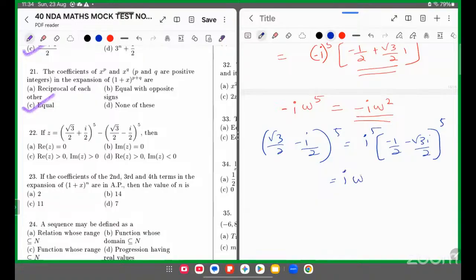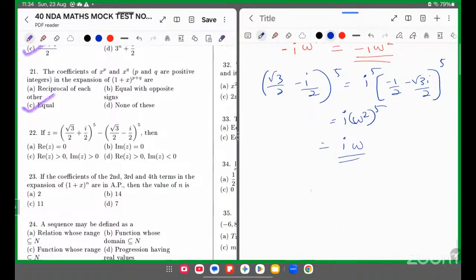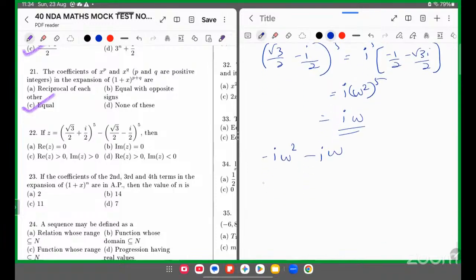This is omega square raised to 5. So iota into omega raised to 10. So omega. So iota omega. So my expression is minus iota omega square minus iota omega. So minus iota is common. Inside it will become omega plus omega square.